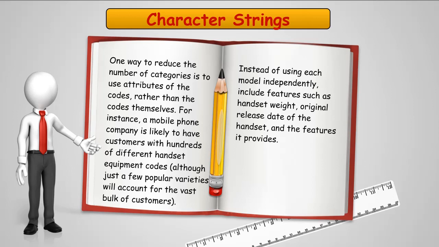What you might instead do is build separate fields, separate values, to say, let's talk about handset weight, original release date, major feature type categories, so that instead of hundreds of thousands of categories, you wind up with just a few, 3 or 4 or 10 new fields with 3 or 4 values in each one of those fields.